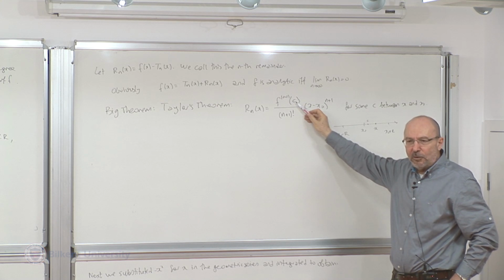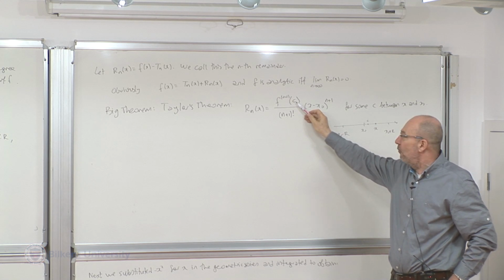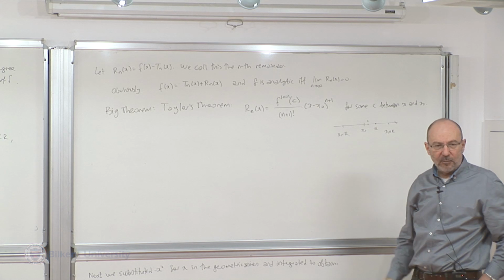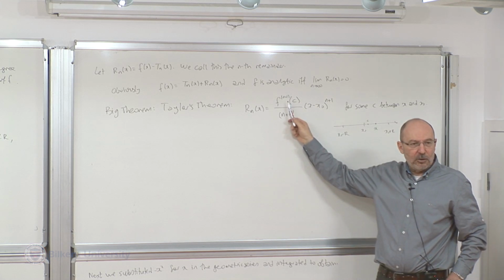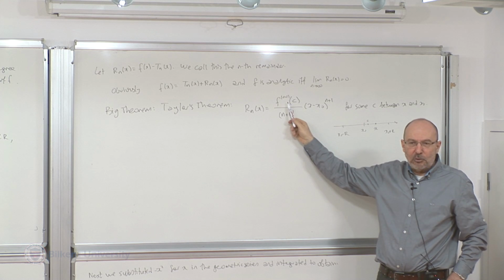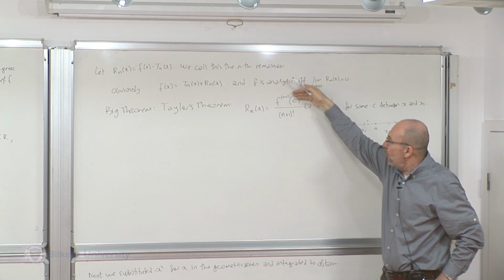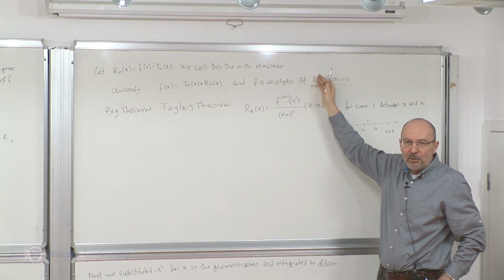But for some of the very popular functions, this is understandable. When f is sine or cosine, the (n+1)st derivative is plus or minus sine or cosine. So wherever you evaluate it, its absolute value will not be larger than 1. So this part is less than some upper bound.